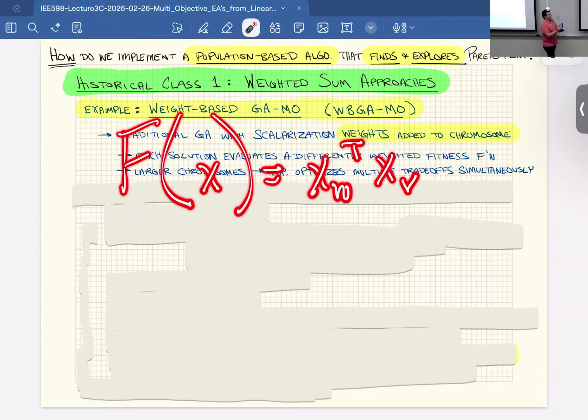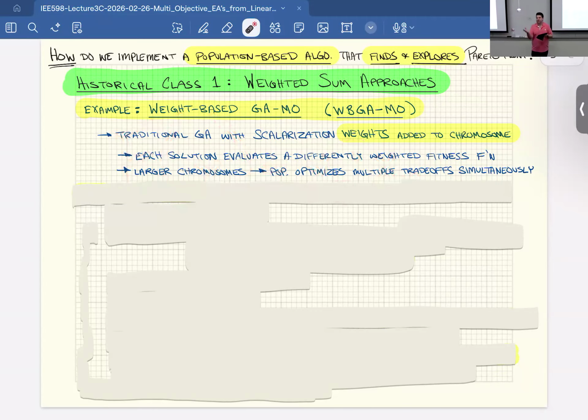And then you can just use a traditional evolutionary algorithm for it. It will do crossover and mutation on the weights and on the decision variables. Everything is identical to a traditional GA, but you just have larger chromosomes. And the thought here is that you're then going to optimize multiple trade-offs simultaneously, because some individuals are going to be rewarded for one mixture of fitness and other individuals rewarded for other mixtures of fitness.